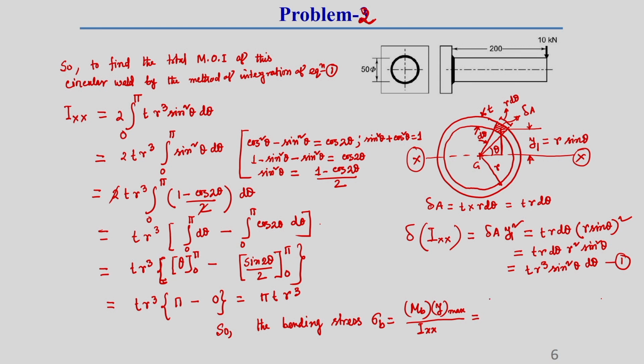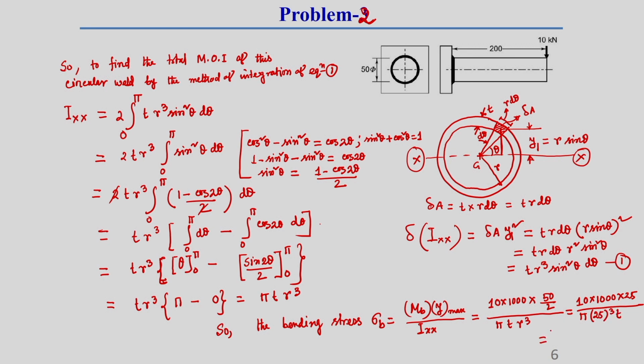M b I have already shown in the previous slide, that is 10 into 1000, into y max, here 50 divided by 2, divided by I x x, here I am directly putting pi t r cube. So, if we put all these things, 10 into 1000 into 25 divided by pi, r is 25 to the power 3, into t.